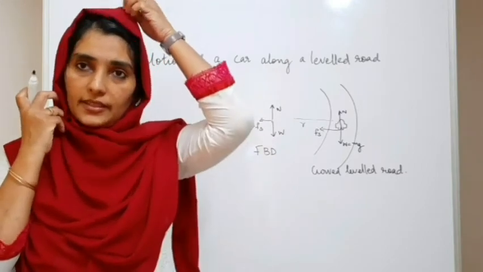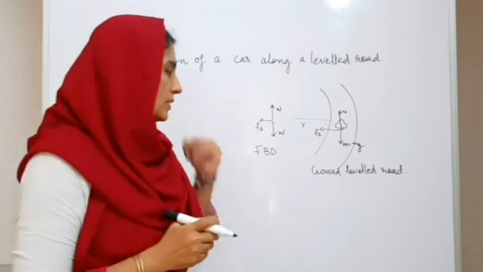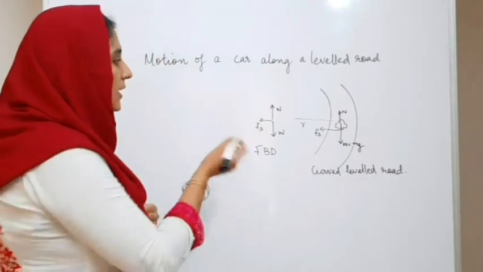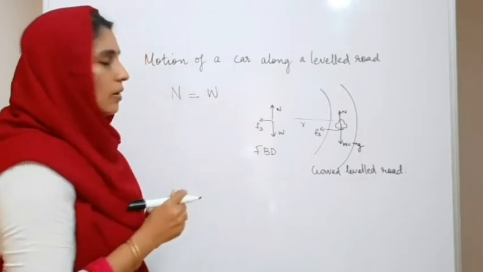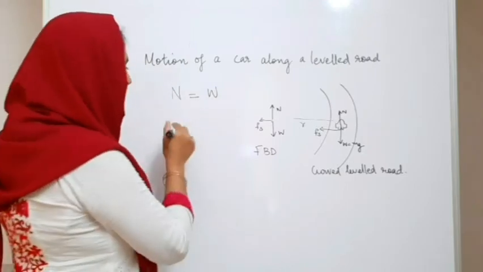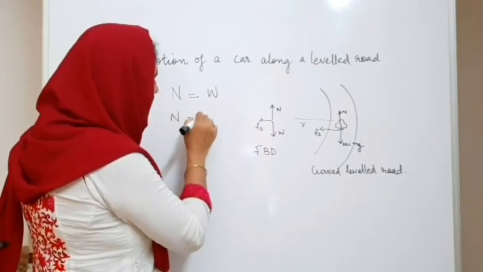So N will be balanced by W, or N is equal to mg.